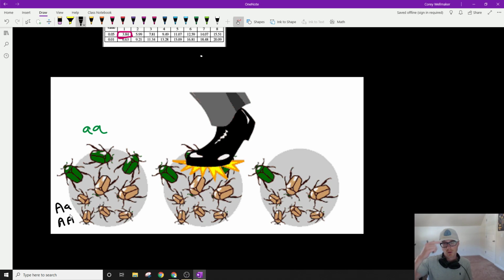And so in this example, because the population size is so small, any random event that happens, like this person, green is not disadvantageous because this person is not looking to kill green beetles.